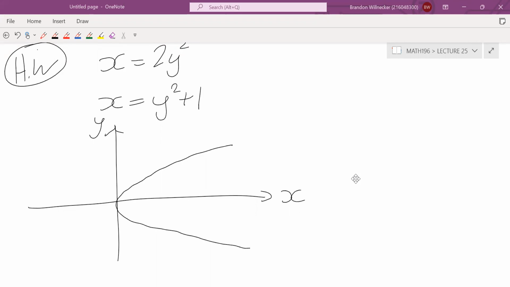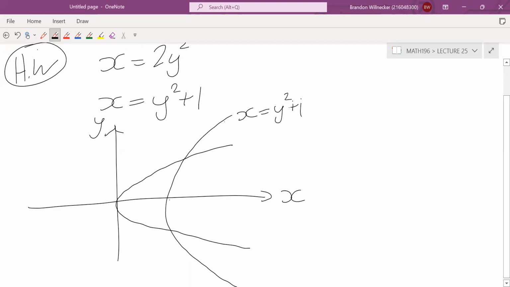Okay, and x equals y squared plus 1. That's going to look something like this. Something like that. So if you just turn the screen, it looks exactly the same as if y was a function of x. Okay, but now x is a function of y. So we have x is equal to y squared plus 1.